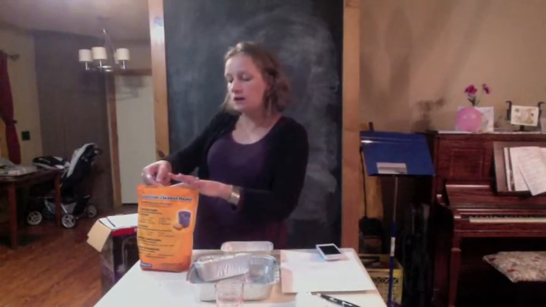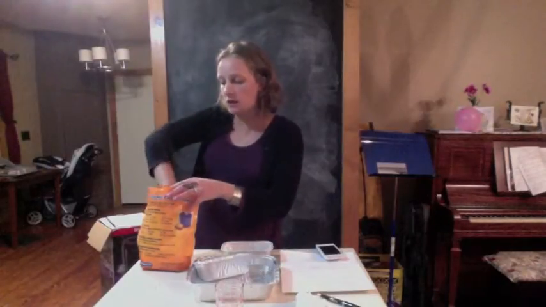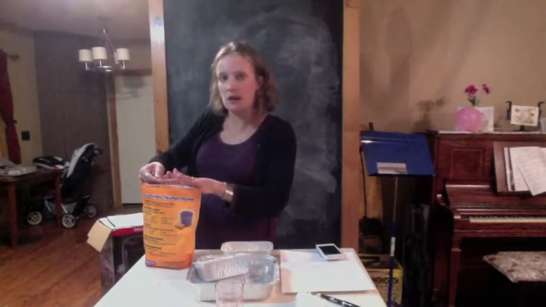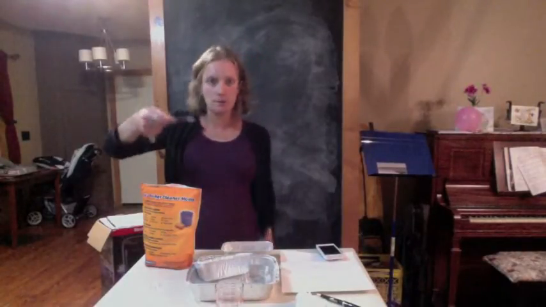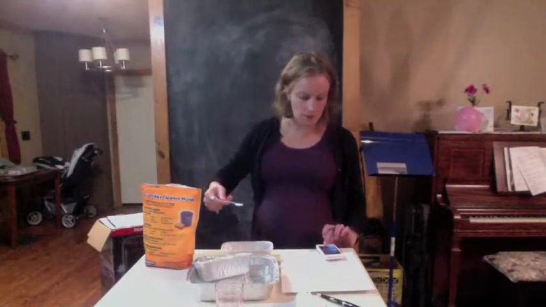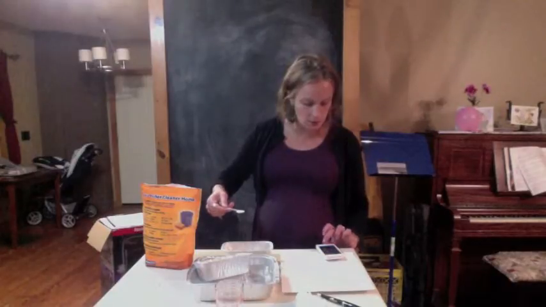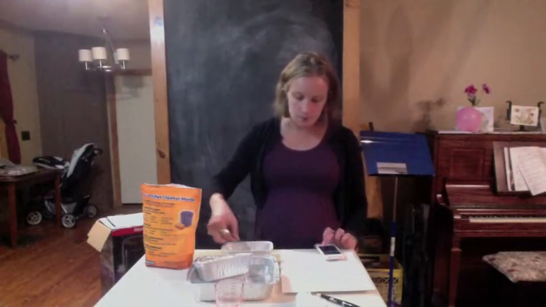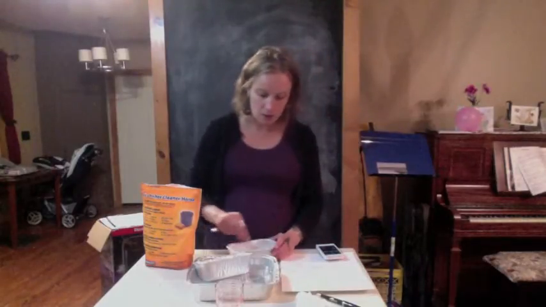So we're taking 1/4 teaspoon again of baking soda. Try to get a sample that's not clumpy so that you can measure it accurately. 1/4 teaspoon of baking soda, and here I go with my timer. Make sure that you're ready for when you add it. I'm going to start mixing.